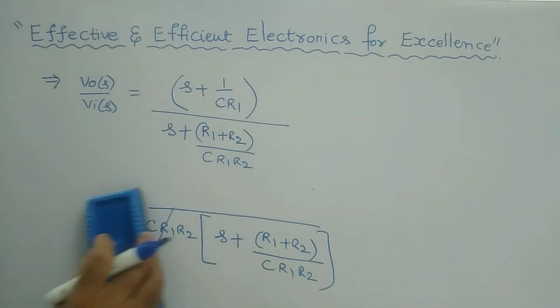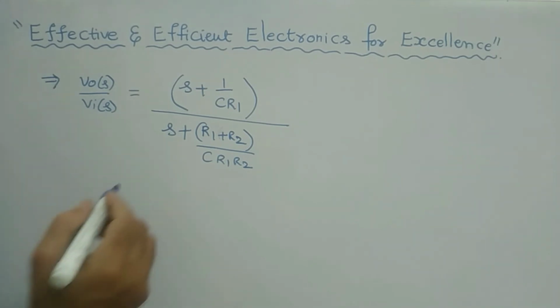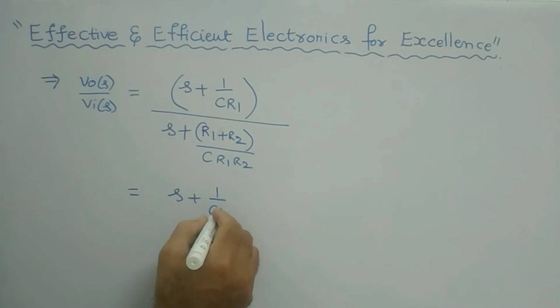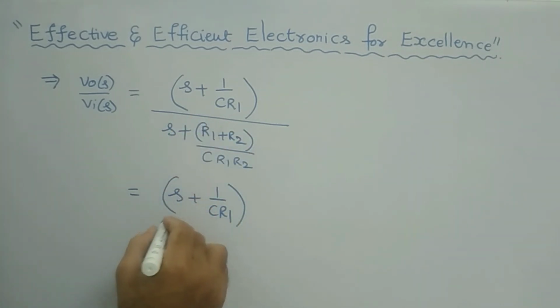So I do a small thing for you actually. This I can write, it is S plus 1 by CR1. For that I don't want to change, that I will write as it is.